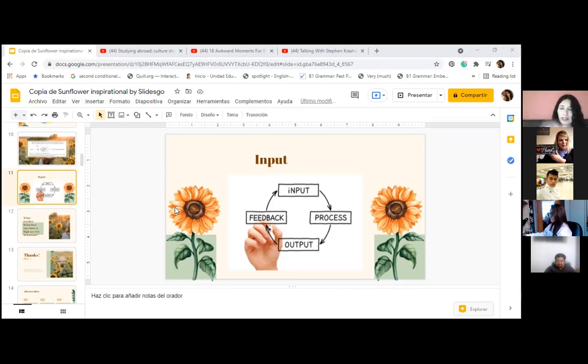All these situations, all these aspects may affect language acquisition. So we must remember all these aspects in order to help our students with language acquisition and get a successful and understandable output.